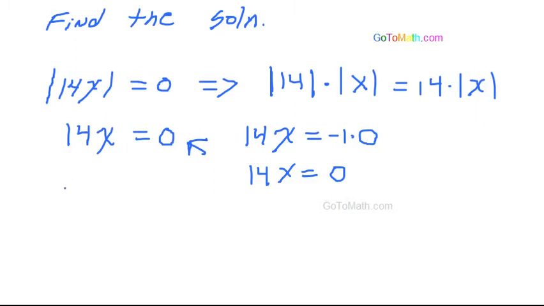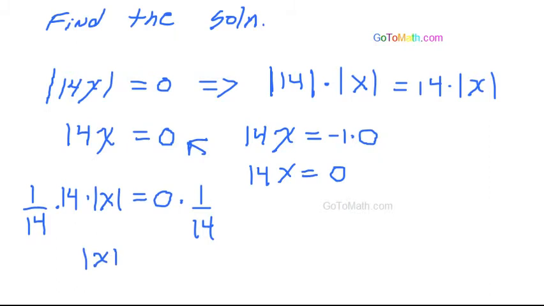And then, of course, let's look at this here. We have 14 times the absolute value of x is equal to 0. You can multiply through by the, not the conjugate, the reciprocal to both sides. And of course, that just becomes 0, and so that's left with the absolute value of x is equal to 0.